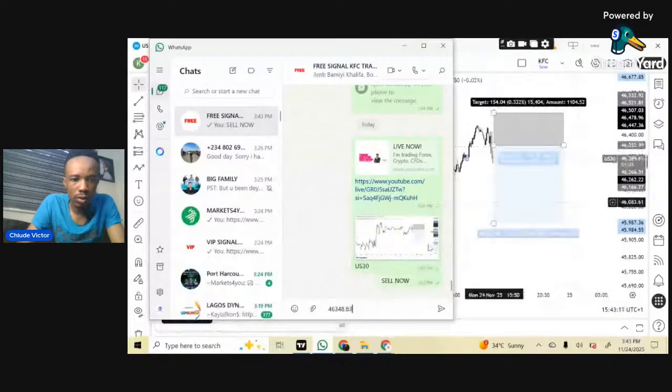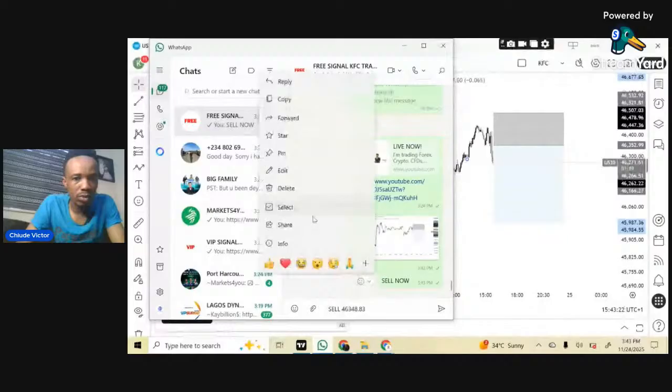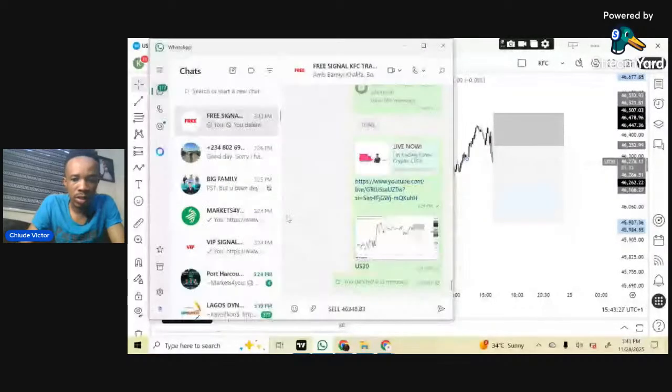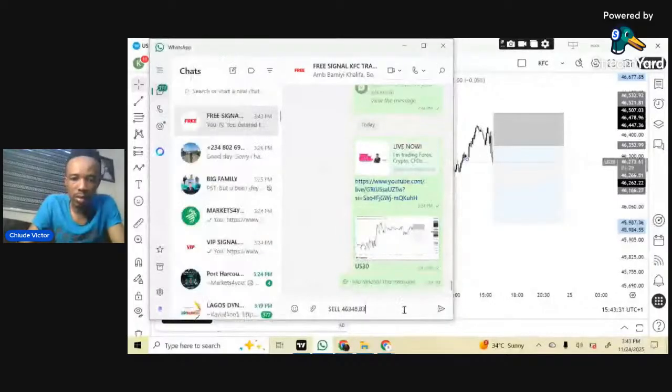46,348.83. Sorry, it's not sell now, it's sell at that point. So you're going to put a sell limit. Now if you want to sell now, it's still fine. For those of you that like to risk just a few pips, you can still wait. I think it should retrace to give you that sell limit.